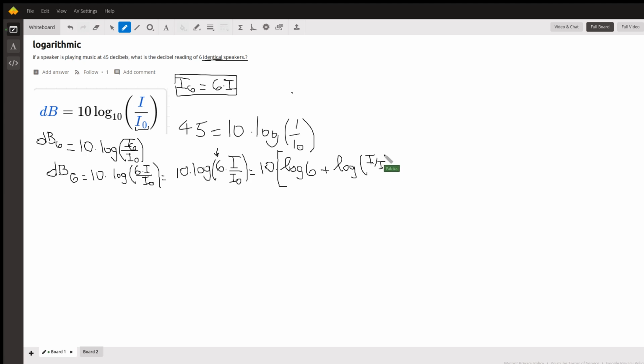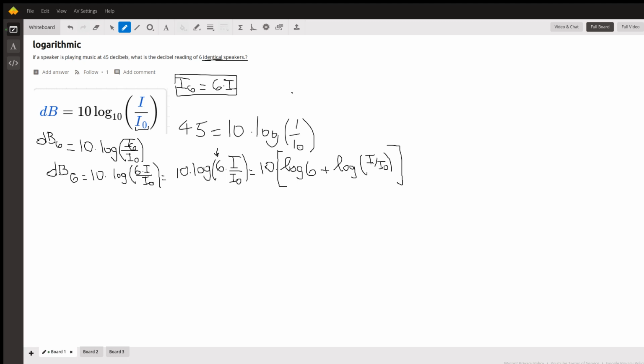So now we're going to distribute the 10 that's on the outside. I'm going to open a new page. Keep in mind, this is where we were: 10 times log 6 plus log I over I0.